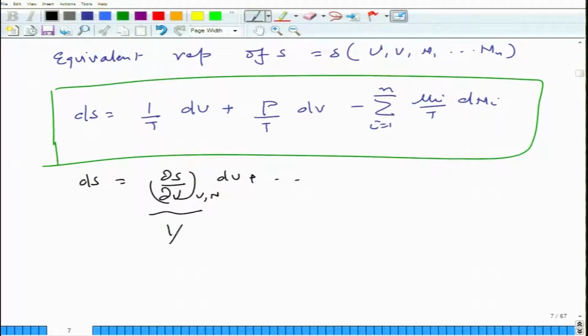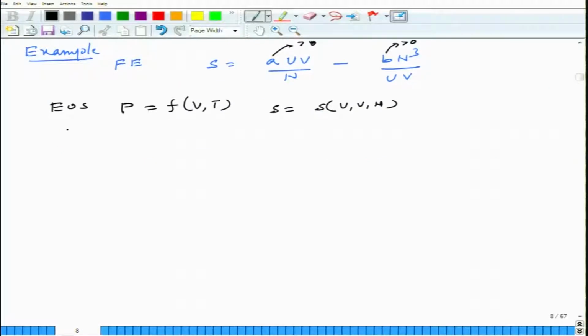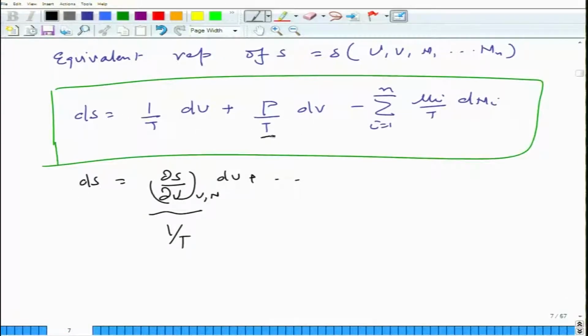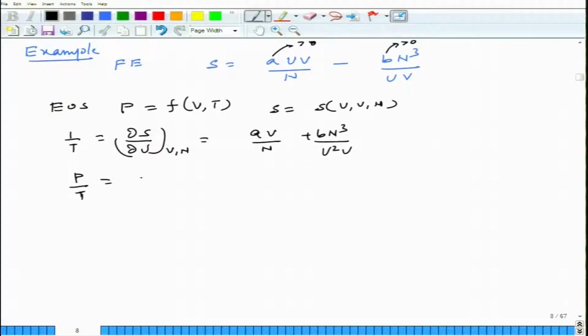So, this will be your 1 by T, and this information we can make use of here. This will be A V by N plus B N cubed U squared V, and similarly P by T, which is the partial derivative with respect to V at constant U, N, is given by A U by N plus B N cubed U V squared.